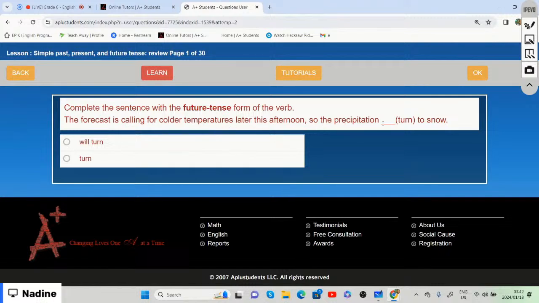So the precipitation, do we say will turn or turn to snow? This is now in the future tense. So we need to choose the correct form in the future tense.